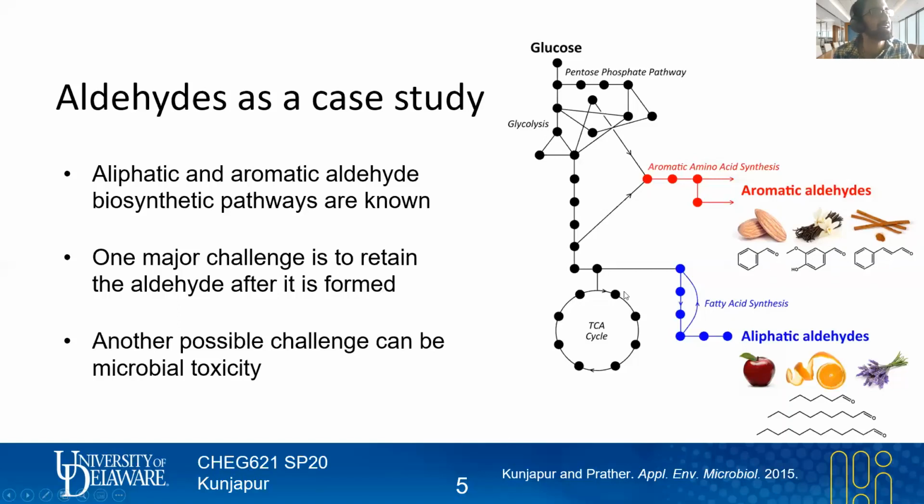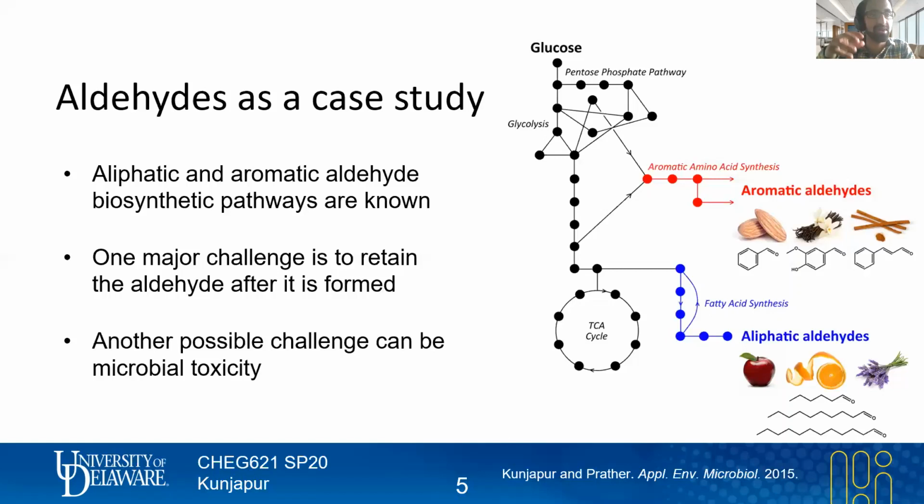And so similarly, with fatty or aliphatic aldehydes, the pathways to make fatty acids are well known. Many of them are natural because the cell often has the C18 or C16 fatty acids that then are esterified and form part of the phospholipid bilayer. There's also been a ton of work in metabolic engineering on achieving different chain lengths, since these fatty acids are assembled 2 by 2 in terms of carbon chain length.